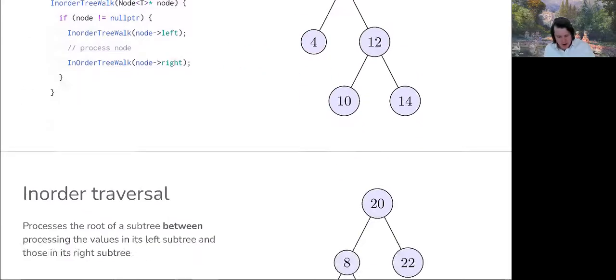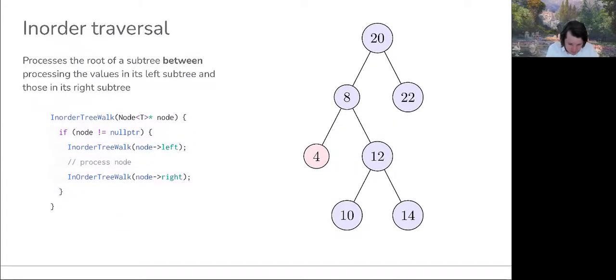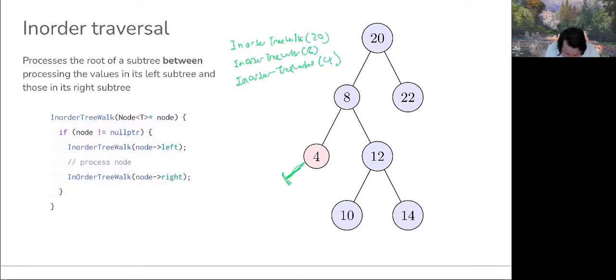Okay, so let's go ahead and visit 4. Now notice here, in both cases, the left and right point to the null pointer. So we would make a recursive call with the null pointer.